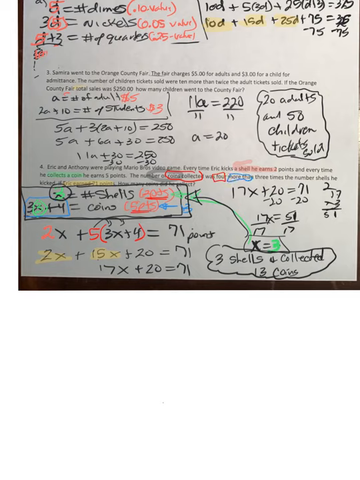So more than means you're going to add. And then there were 3 times the number of shells. So you had to do all of that. And that's where this statement right here came from. So it can get kind of confusing. All right, you might want to rewatch this video again.